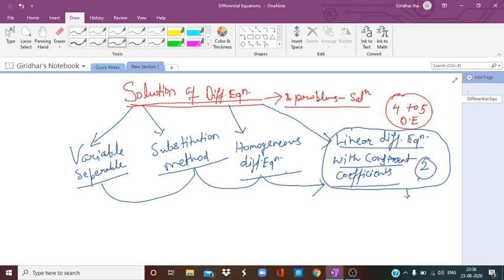फाइन. So altogether I told you there are 4 to 5 questions you will get: formation, order degree and solution. So now there, in the next video we will discuss the solution of differential equation one by one. पहले variable separable देखते हैं, फिर substitution, फिर homogeneous and then finally linear differential equation with constant coefficients. Fine.